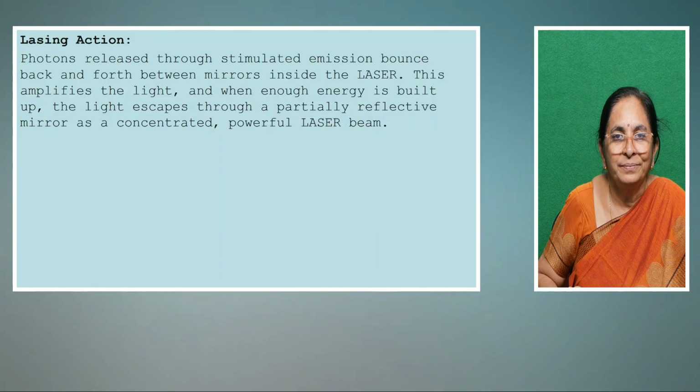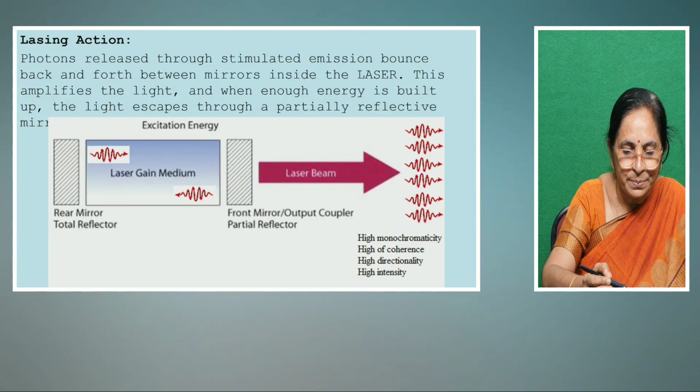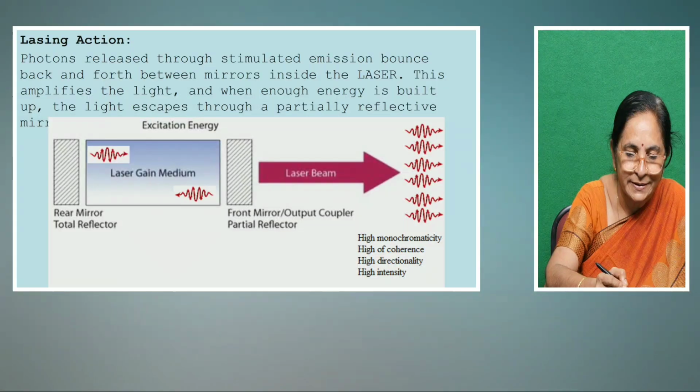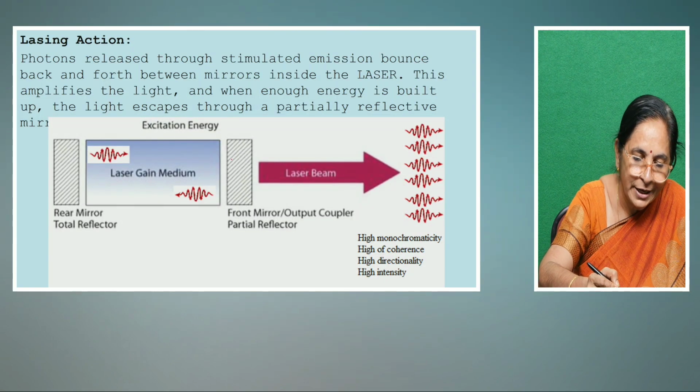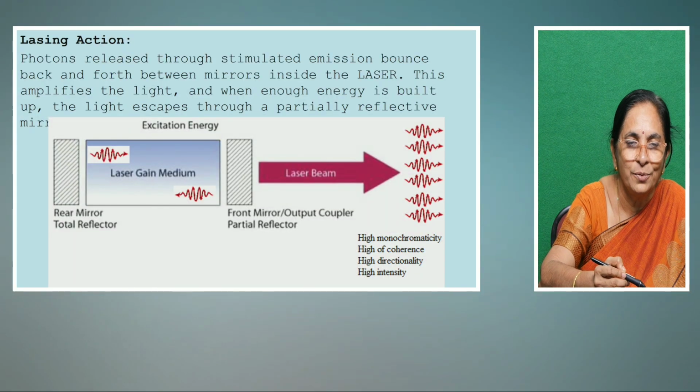Lasing action: the photons released by stimulated emission bounce back and forth. They strike the mirror at the right side and are reflected back to the left. At every reflection they gain energy, becoming more and more energetic.